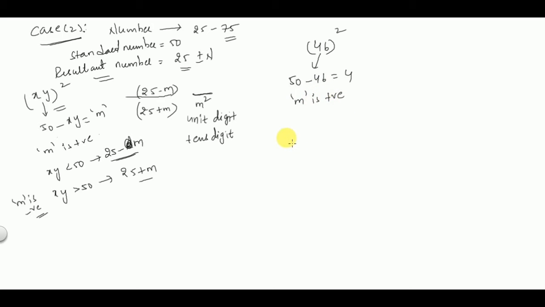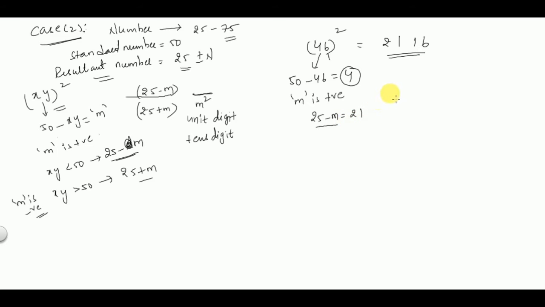When m is positive, the resultant will be 25 minus m, which is 21. The value of m is 4, so m square will be 16, which constitutes these two digits, and 25 minus m is 21. So 46 whole square will be 2116.